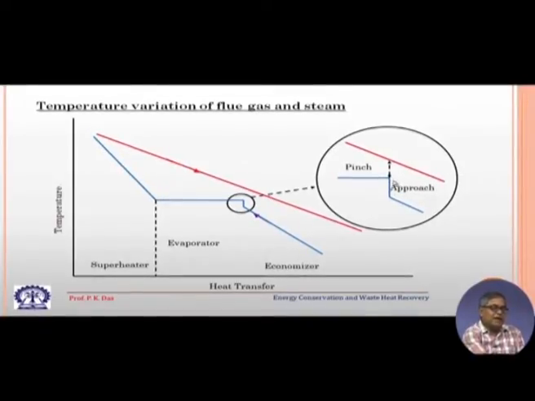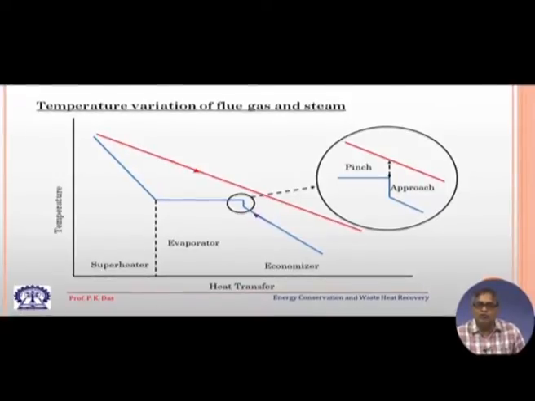Generally the approach could be of the order of 8 to 10 degrees, and pinch could start from 10 degrees, and could be 15 to 20 degrees Celsius. So, that is the value of approach and pinch. There could be some variation, but I have given some notional, nominal values.